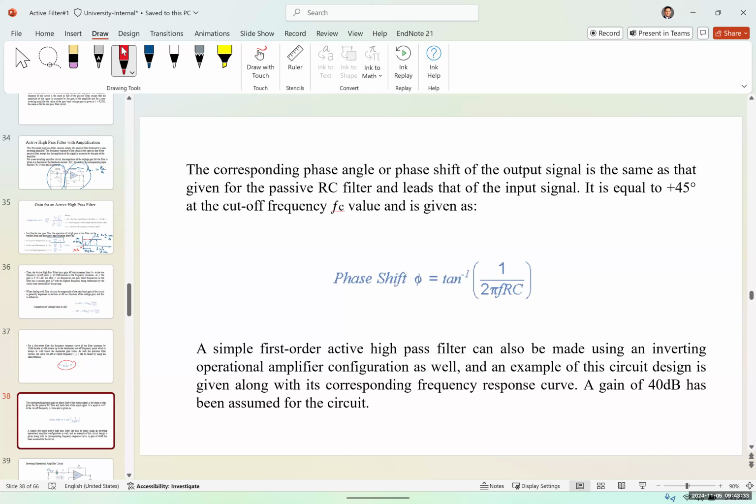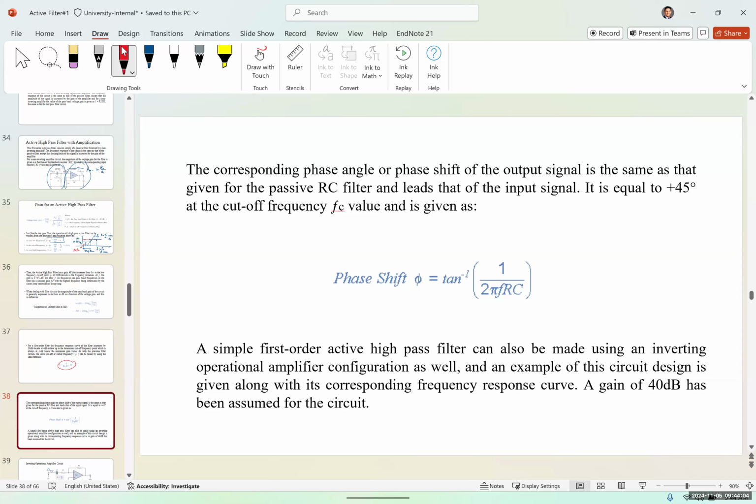The other thing that we have in an active high pass filter is what we call a phase shift. Active high pass filters usually have a phase shift, and the phase shift is calculated using this equation. Phase shift would be equal to the tan inverse of 1 over 2 pi RC, or arctangent of 1 over 2 pi RC.